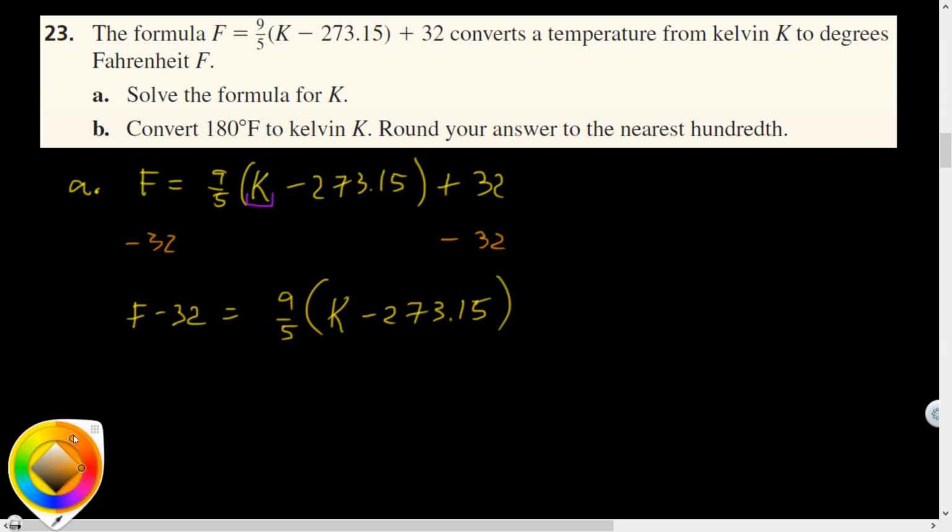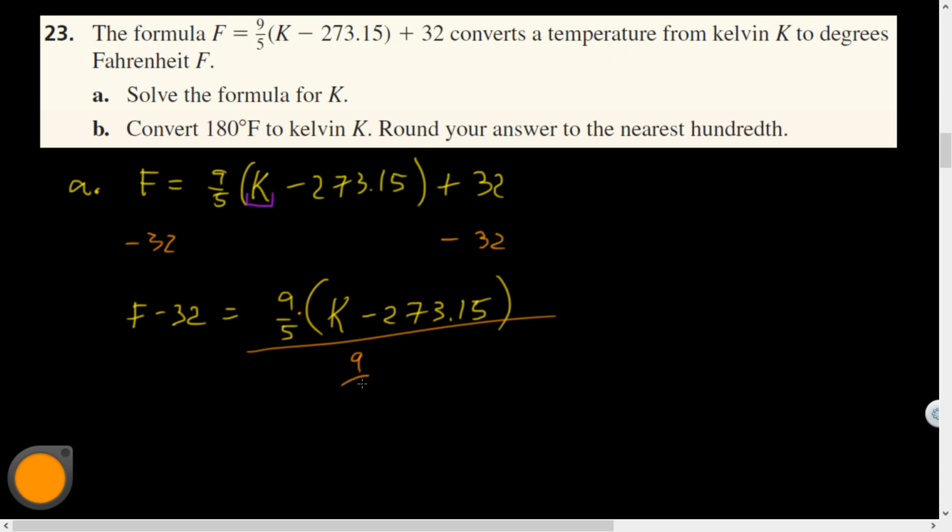The parentheses are being multiplied by 9/5. So like I said, we could distribute and then keep solving, or I can actually multiply both sides by the reciprocal right now. You might think, well, Mr. Waddy, isn't the inverse operation of multiplication division? And I would agree with you. However, dividing by a fraction is kind of weird, and it's equivalent to multiplying by the reciprocal.